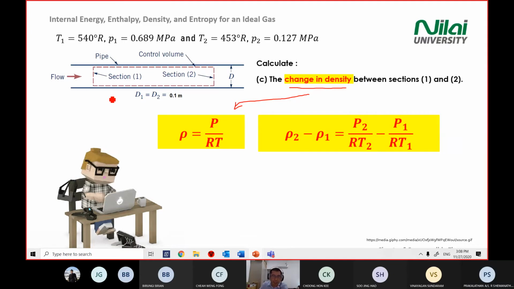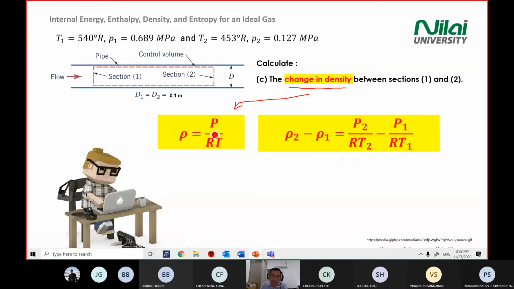The equation that you mentioned just now, most of the time we use it for nozzles, for converging and diverging cases. Later on, we will look into that particular topic. Okay. So for this question, we will look at a change of density.